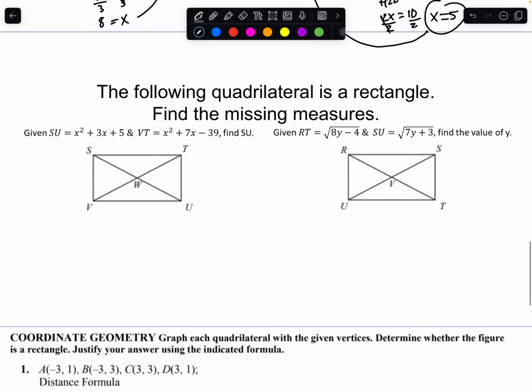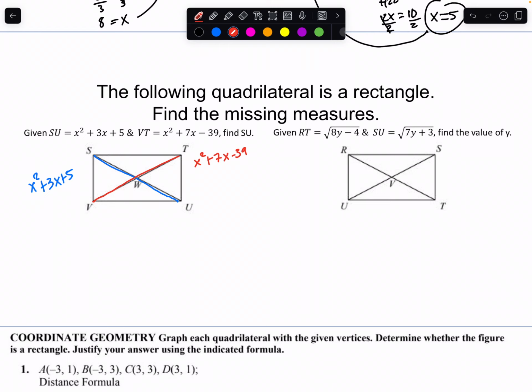In these next two scenarios, we have more rectangles, of course, and I'm given different information. As you can see here, SU, this full length, will equal x squared plus 3x plus 5. And the other diagonal, VT, is equal to x squared plus 7x minus 39. How are these two related?